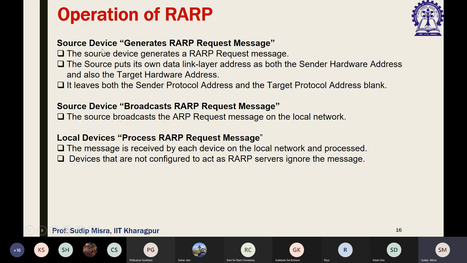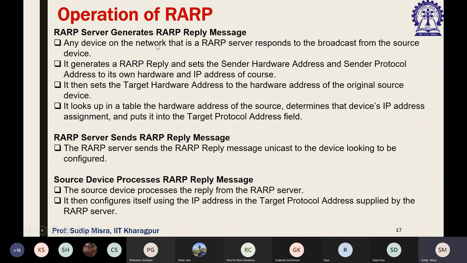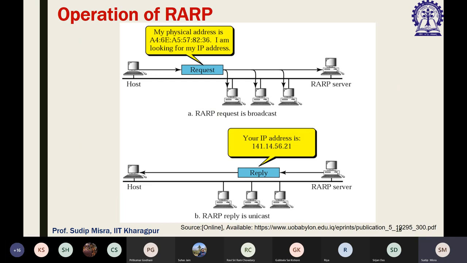You have to, but broadly these are the different operations: generating the RARP request message, broadcasting it, processing it, and then generating the reply message. The server sends the RARP reply message and the source processes the reply message. These are the internal details. Please go through them yourselves and try to convince yourself.